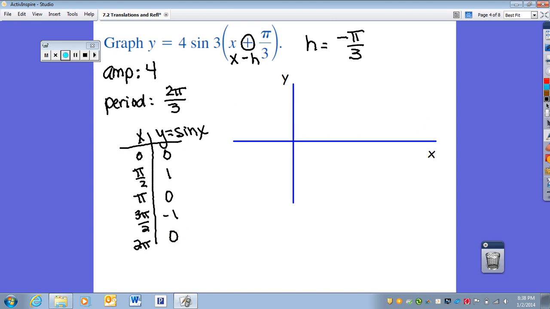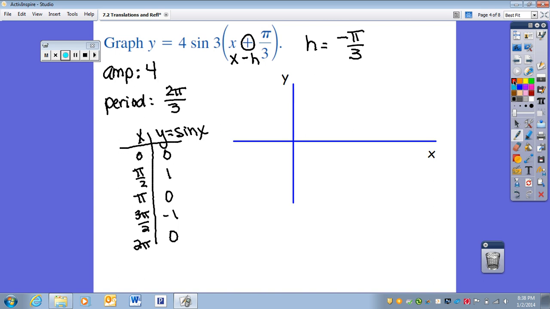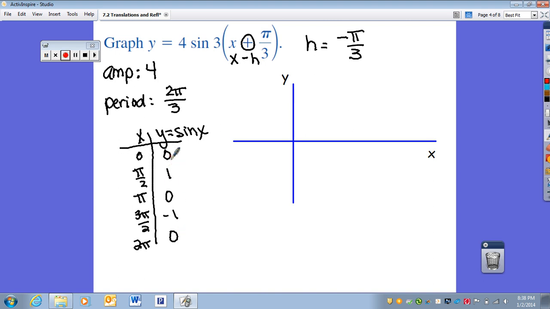So the first thing we're going to do is change our amplitude. So instead of being an amplitude of 1 unit, we're changing it to 4 units. So we're still at 0, but we will be at 4, 0, negative 4, and 0. So we've changed our amplitude to 4. We don't have any other shift vertically because there is no k.